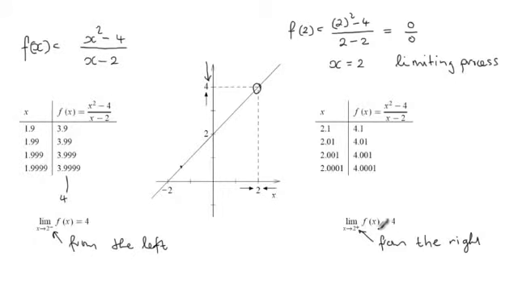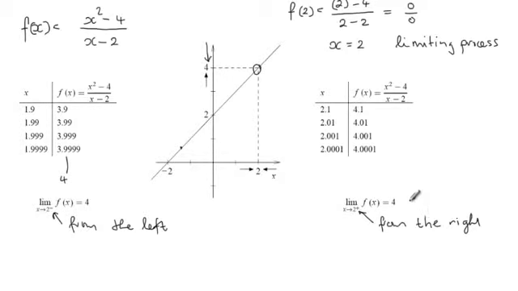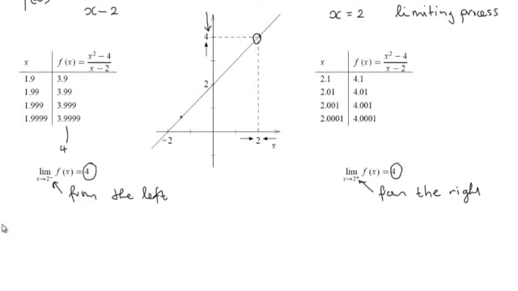And our expression here is talking about the right hand side limit. Now, when we've got such a situation where the right hand side limit here we can see is 4, and the left hand side limit there is 4, then we can write a statement.